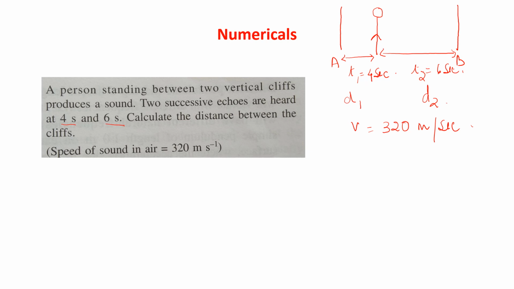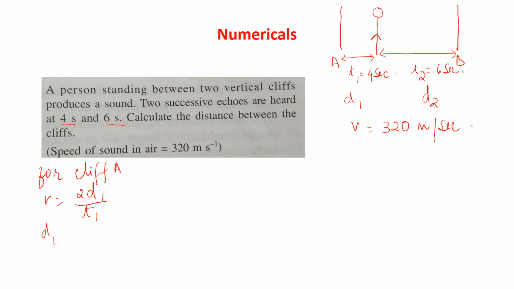So for cliff A, V is equal to 2D1 by T1 because it's an echo. So from here I have to find out D1.